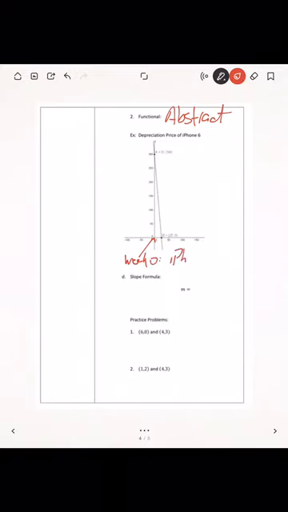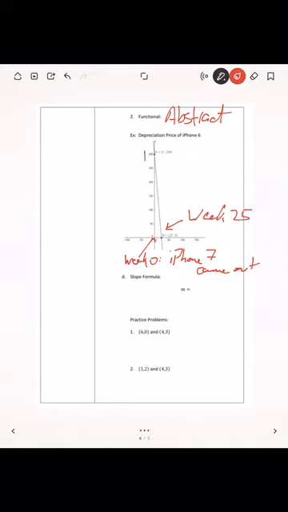This is when the iPhone 7 came out. And this right here is week 25. So that's 25 weeks after the iPhone came out. Look at how huge of a drop this is. Look at how much my phone is losing value. As soon as the new model comes out, this is how much that phone was losing value.